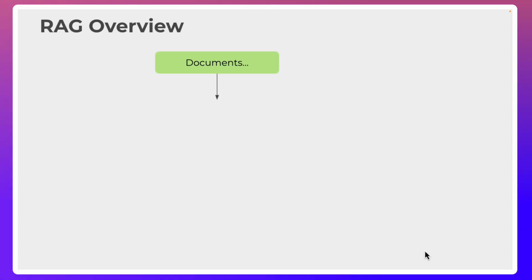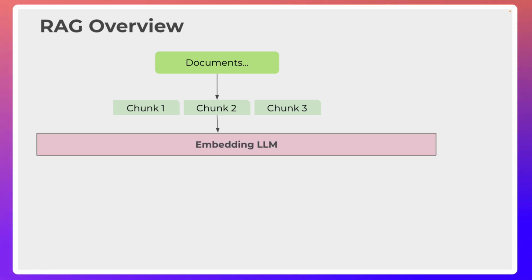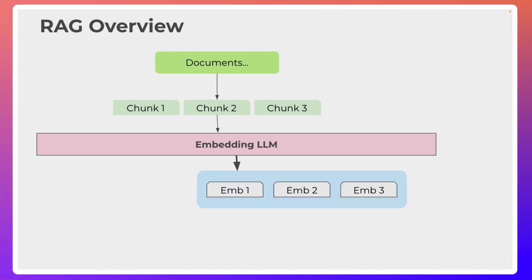We have documents. These documents are cut into small chunks, and then these chunks are put through an embedding large language model to create embeddings. Now the question, or the query, comes in, goes through the same process, and transforms to an embedding.